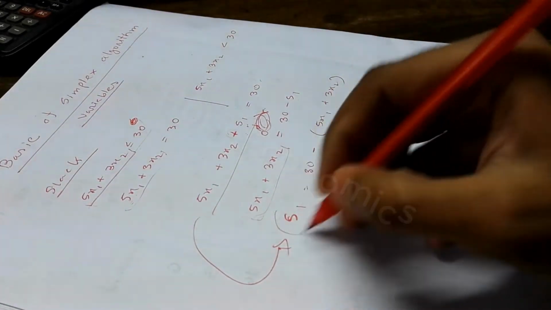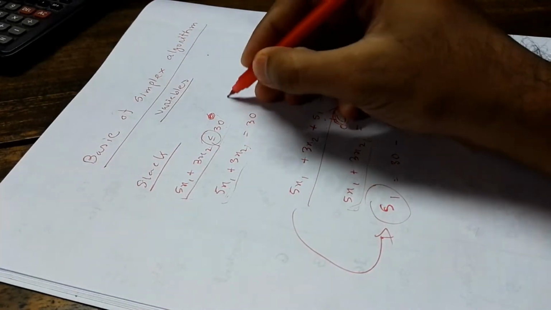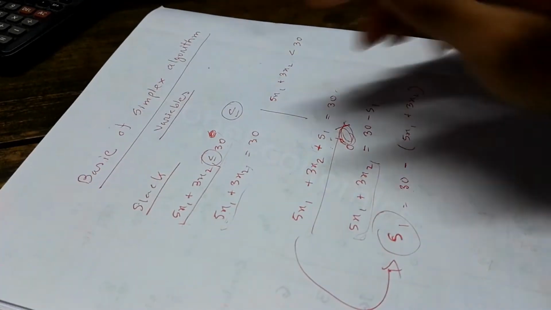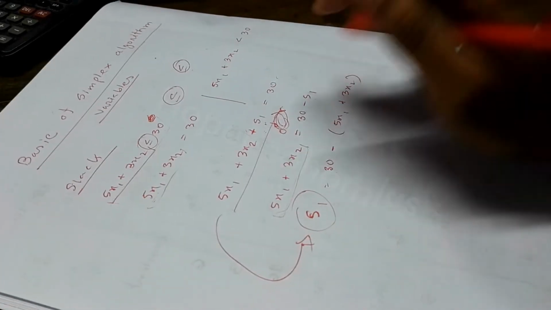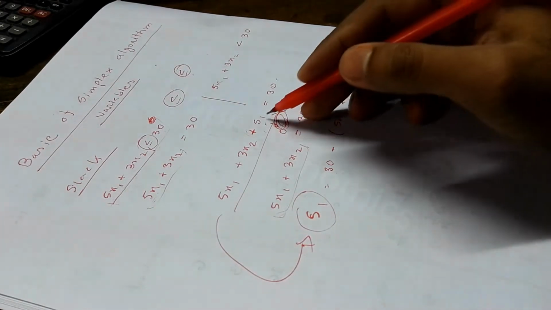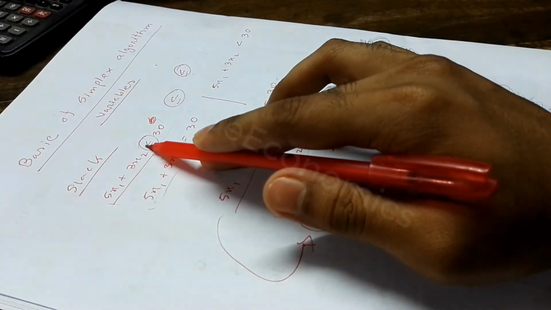So this is our slack variable, used when the problem is less than or equal. In the case of less than or equal, we use an extra variable that is considered a slack variable.